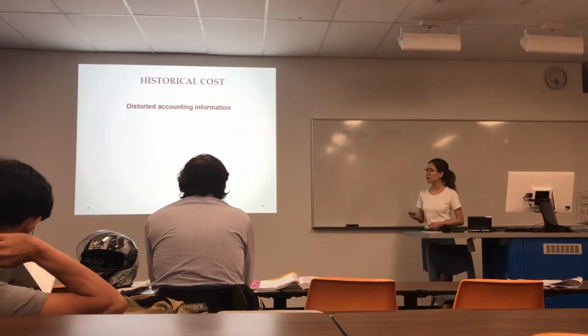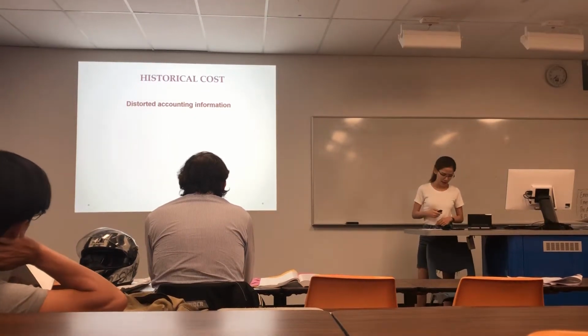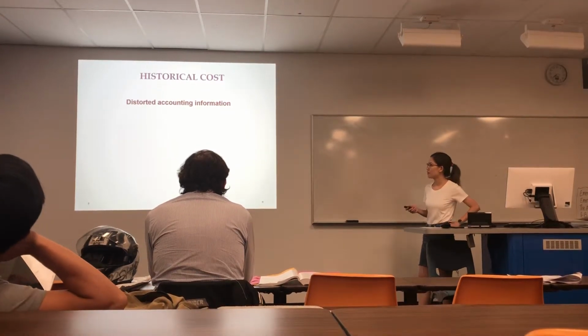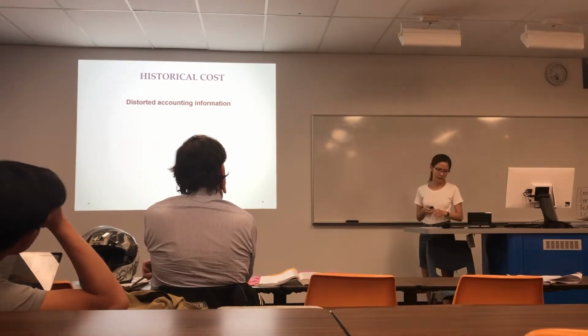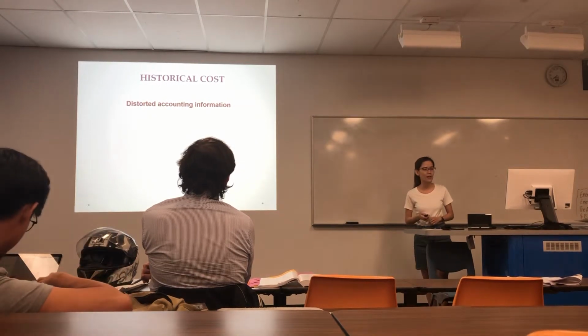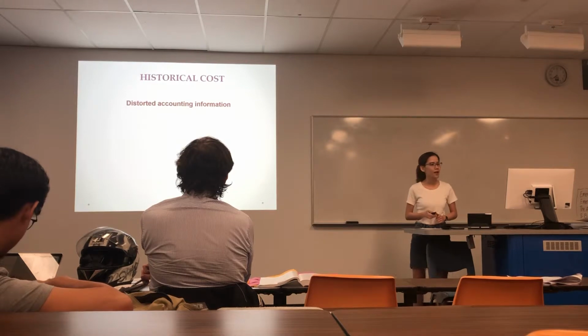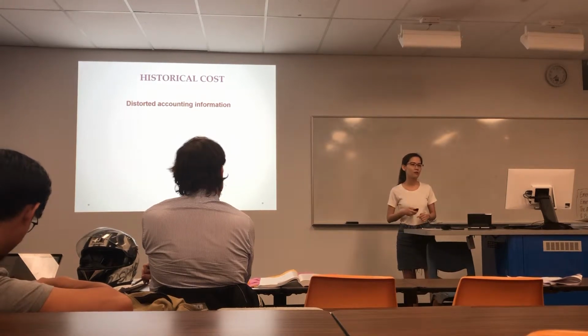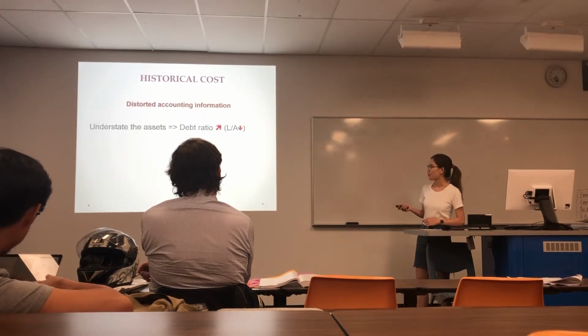To sum up, historical cost can understate the assets if there is an increase in price and overstate the profit of the company in the long term. Consequently, it might affect the financial ratios of the company, such as the debt ratio or ROA.